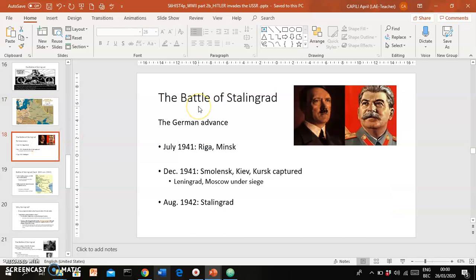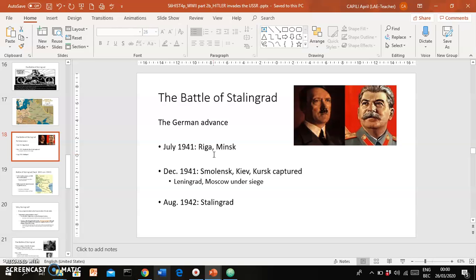Here on this slide, let me just give you an overview, a kind of timeline of the German advance leading up to the Battle of Stalingrad. So at the beginning of Operation Barbarossa, like we said before, the Germans would see quick successes.